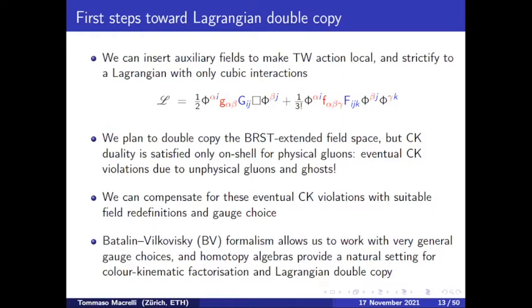And Batalin-Vilkovisky formalism, or BV formalism for short, is the right framework where we want to work, since it allows us to work with very general gauge choices. And it naturally provides a link with homotopy algebras. That would be a good language to understand Colour-kinematic factorization at the Lagrangian level.